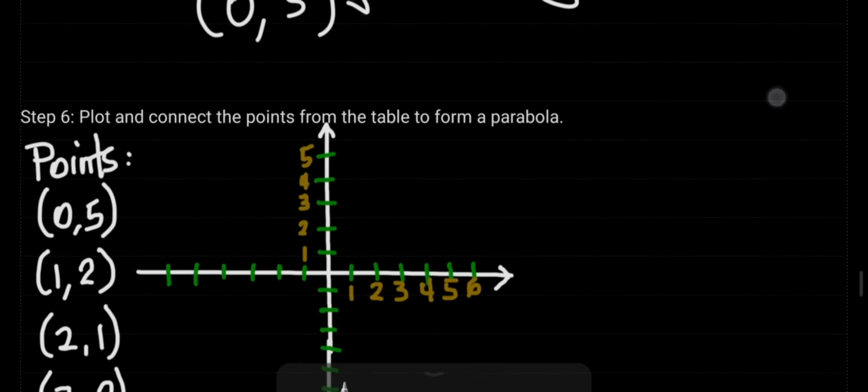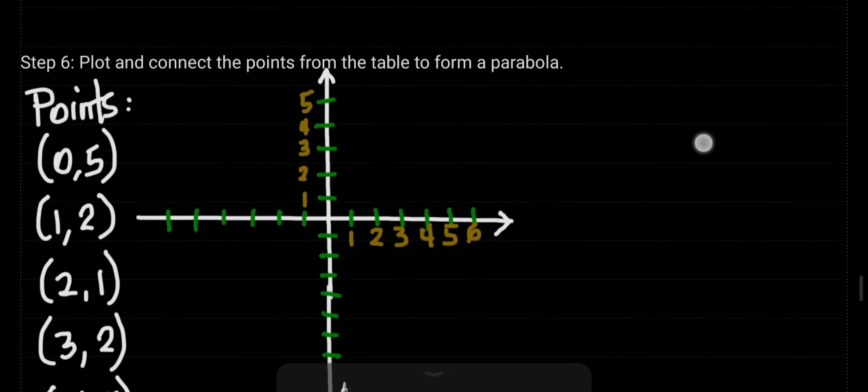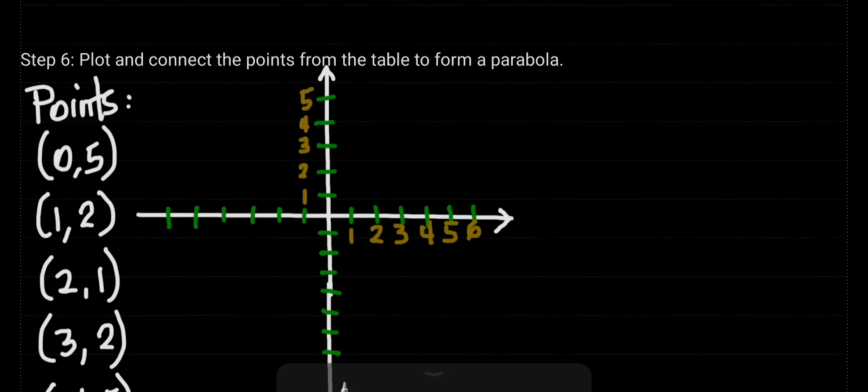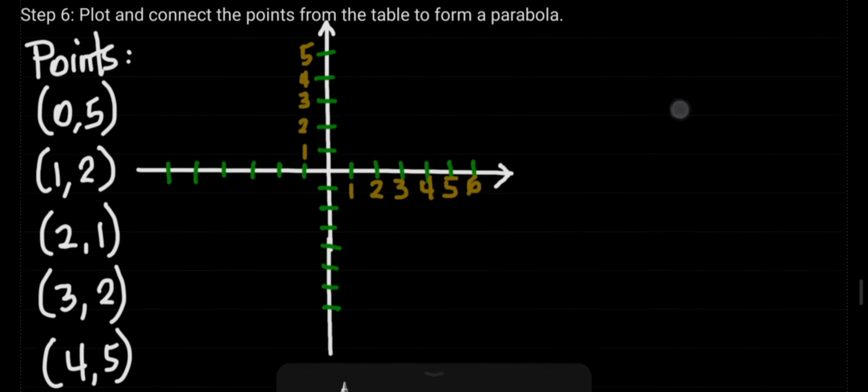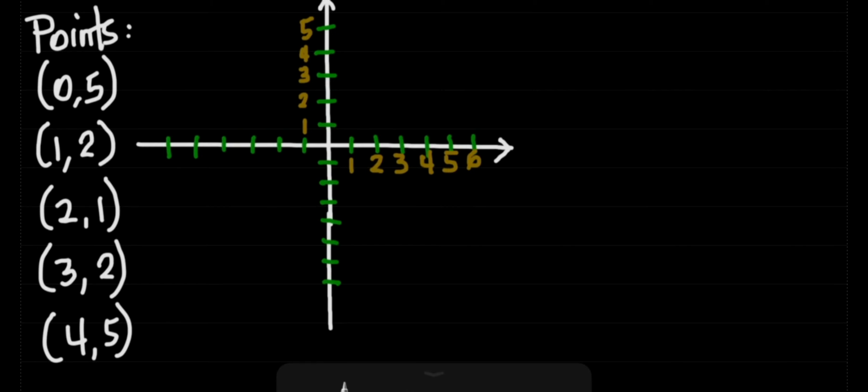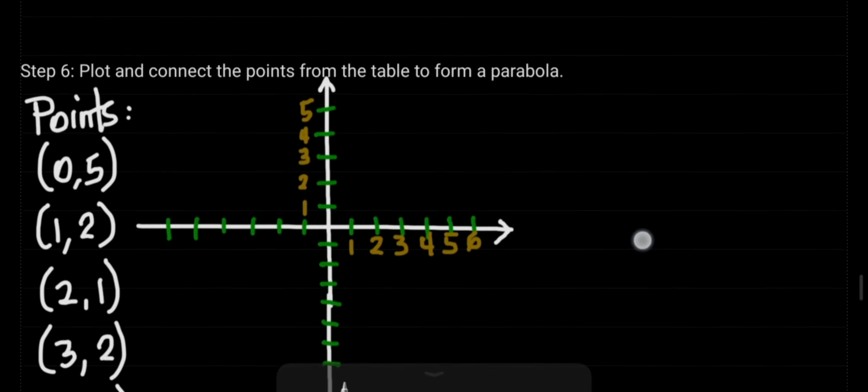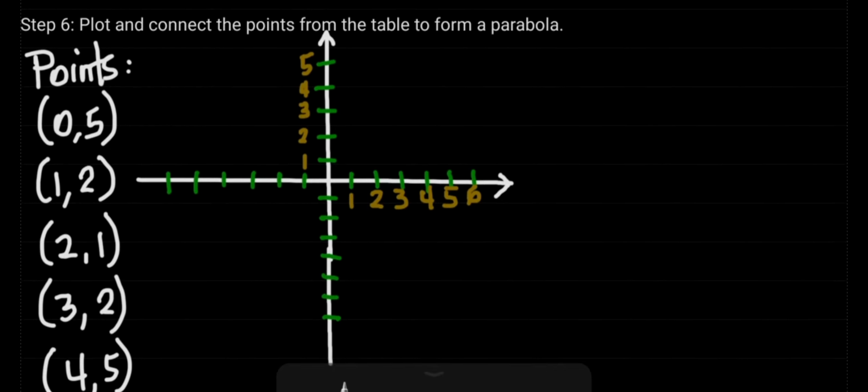And for step 6, plot and connect the points from the table to form a parabola. So we have here the points (0, 5), (1, 2), (2, 1), (3, 2), then (4, 5).